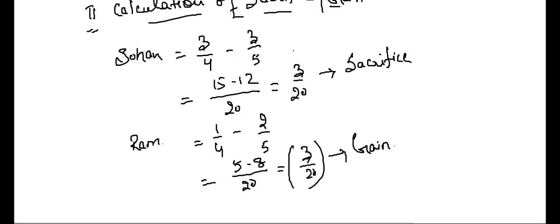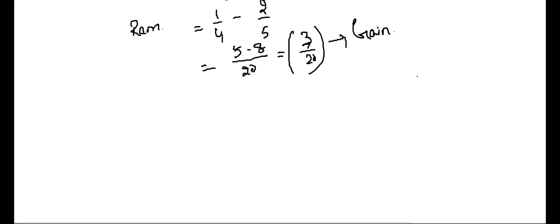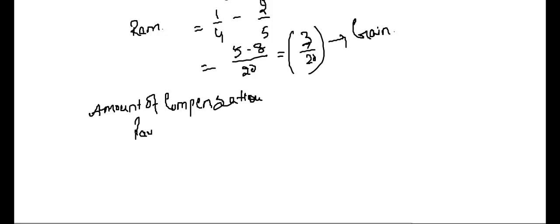So the sacrifice by Sohan is equal to gain by Ram, 3 by 20. Now what will be the amount of compensation payable by Ram, because Ram is the gaining partner.